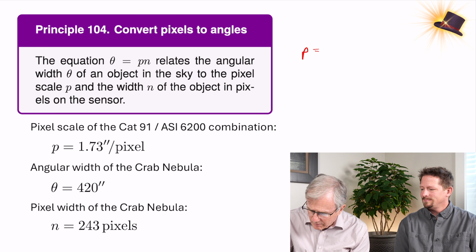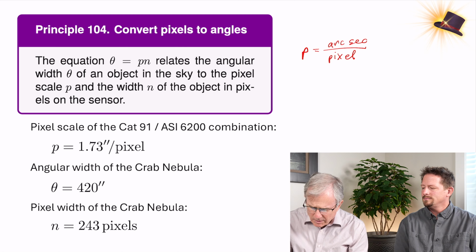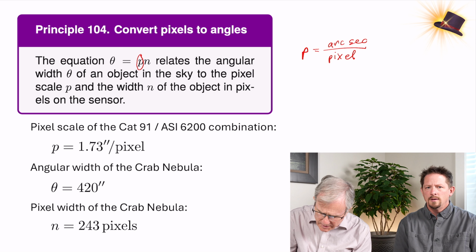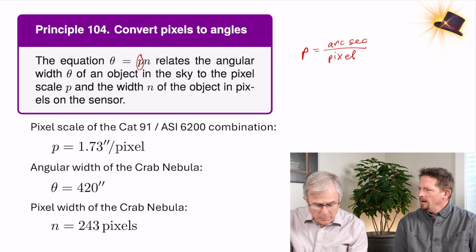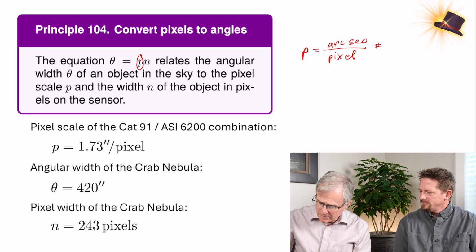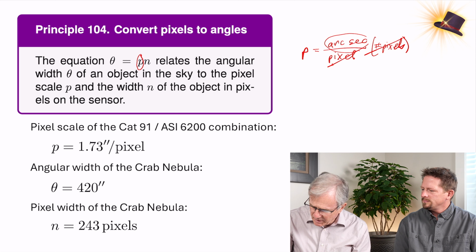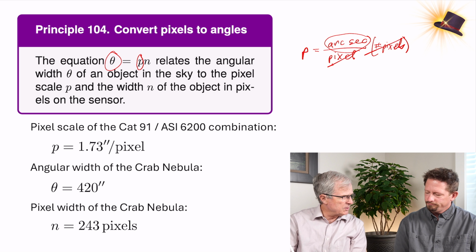If p measures the number of arcseconds per pixel, then if you multiply p by the number of pixels, the pixels cancel and you get the angle on the sky. That's all there is to it.